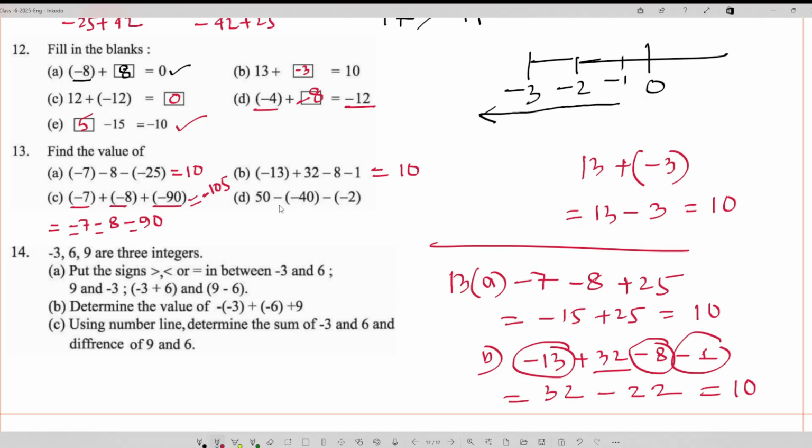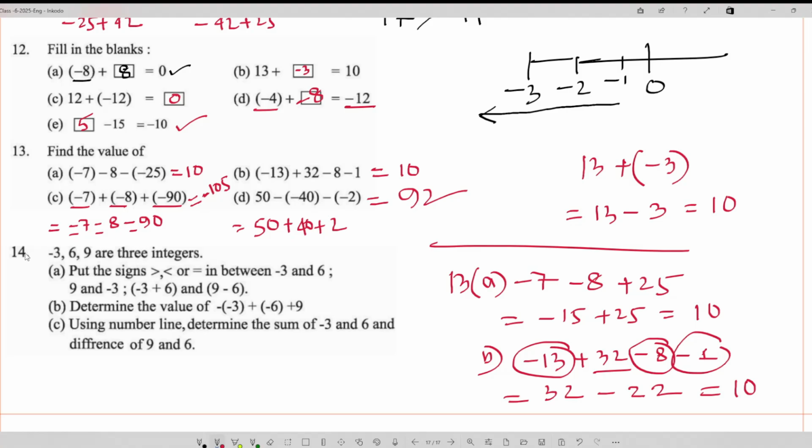Now 50, look, 50 minus and minus, it means plus 40, again minus and minus plus 2. So the result is what? The result is, here is 40. So 50 plus 40 is 90, plus 2 is 92. This is our result. Okay, very interesting and very easy.